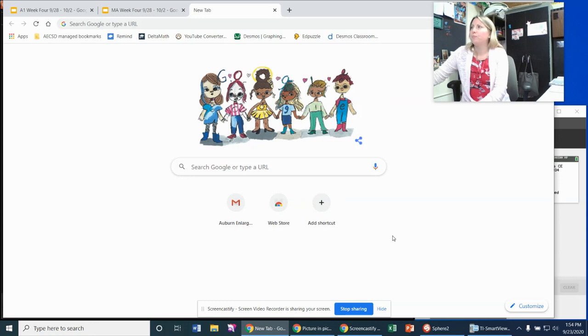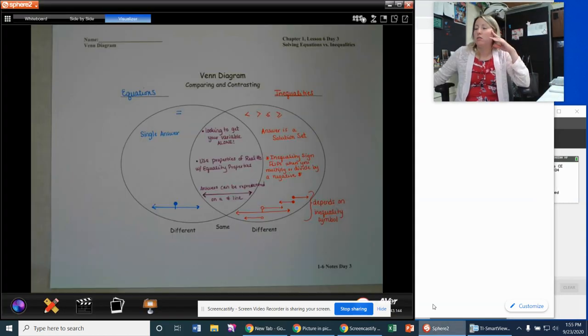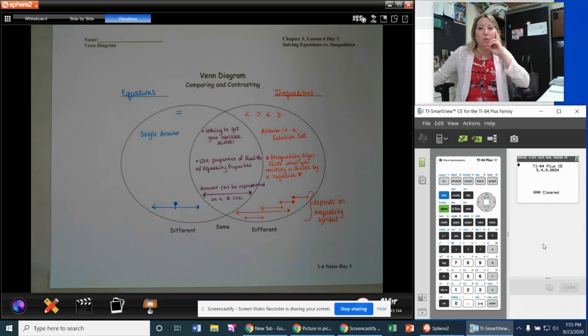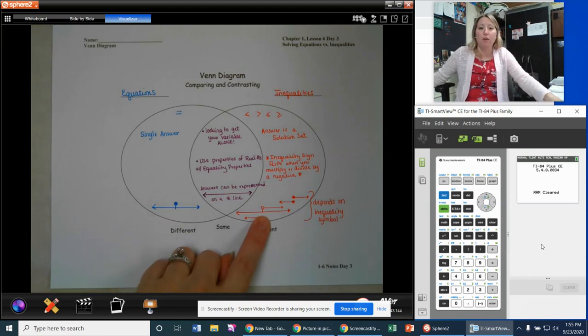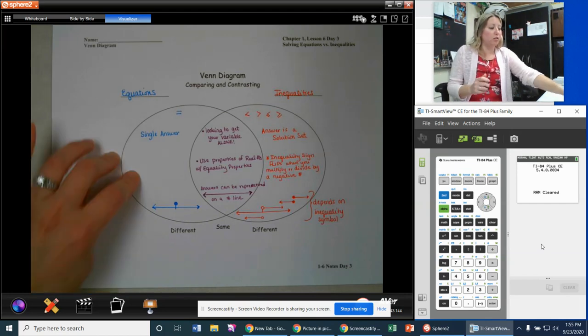When you're doing your homework, I want every answer to be represented on the number line below the homework question, equations or inequalities.